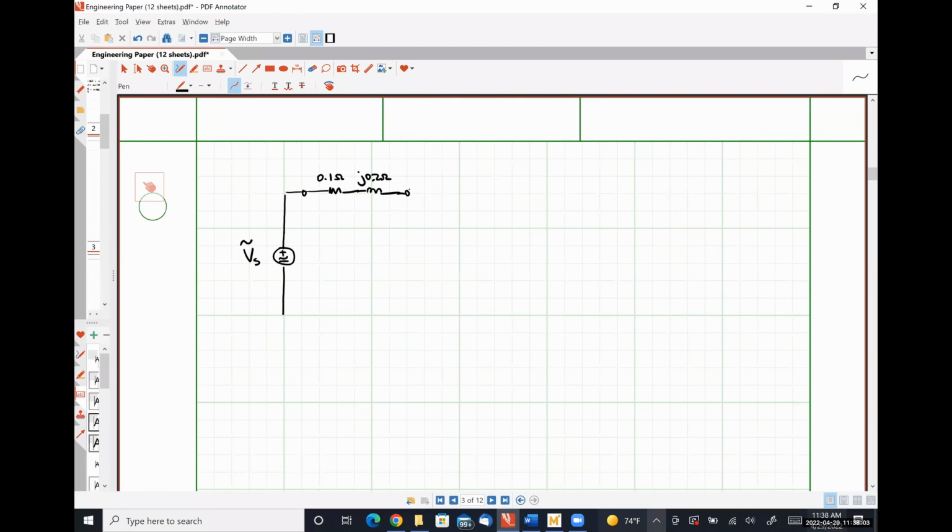And this transmission line is used to connect our source to 3 single phase loads connected in parallel. So here's load 1. Here is load 2. And finally out here is load 3.